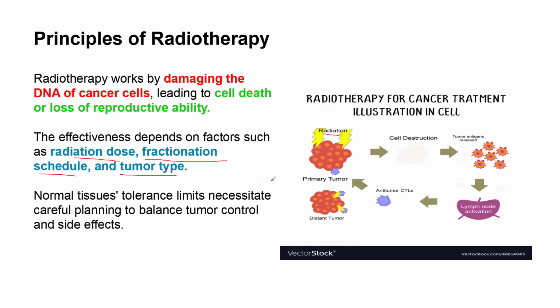So it is very important to know that as you are trying to treat or destroy the cancer cells, the normal cells tolerate only a limited radiation. Therefore, there is a need for a careful plan in order to balance the tumor control and the side effects. It is very important.